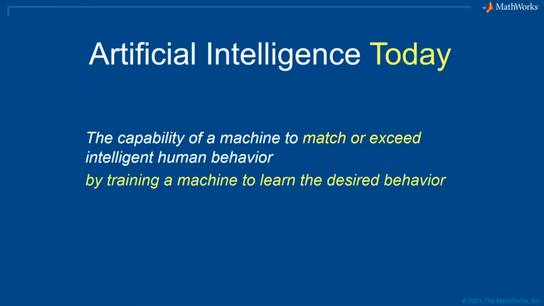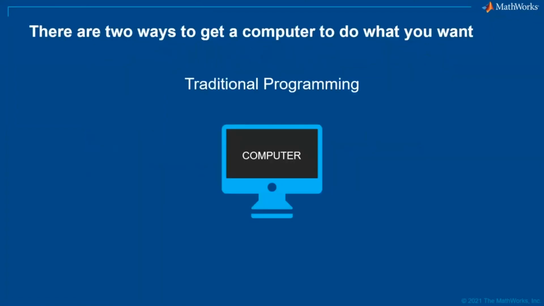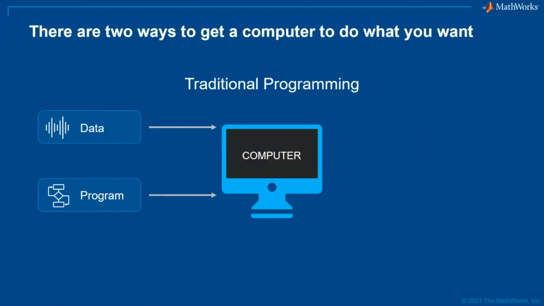Today, what we think about when we talk about AI is doing this by training a machine to learn the desired behavior. What do I mean by this? There are two ways in which we can get a computer to do what we want. In the traditional way, we have data and a program with a set of instructions, and we feed that to a computer and we get an output.